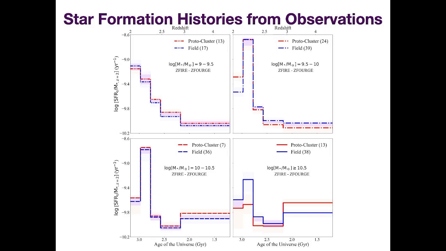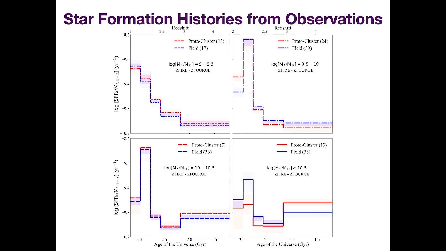I divide the galaxies into cluster and field galaxies that were spectroscopically confirmed as cluster and field, and then into 4 stellar mass bins. As you go from top right to bottom left, the stellar mass bins are increasing. The cluster galaxies are shown in red, and the field galaxies are shown in blue.